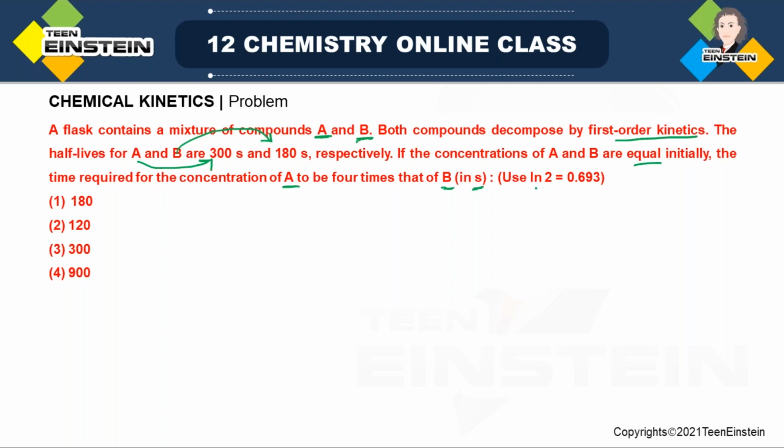Another piece of information is also given, that ln2 value, which is 0.693. Now we can write that concentration of A at time t will be 4 times that of B. This condition we have to basically find out.